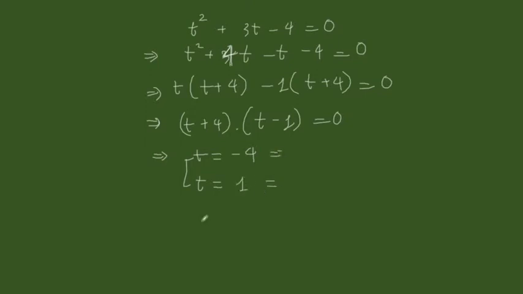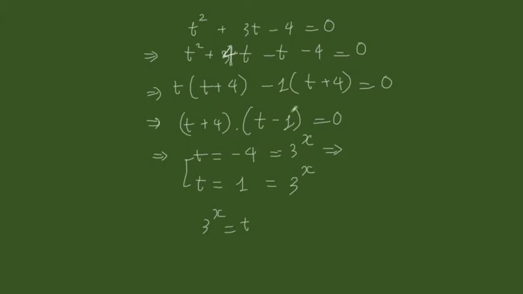Because you set 3 power x equal to t, when you get minus 4, you have 3 power x equal to minus 4. In this case the value of 3 power x is a negative number, so it is impossible in your high school program.